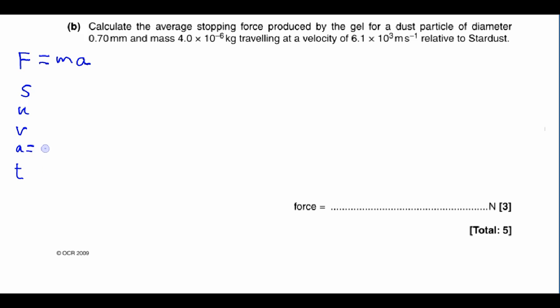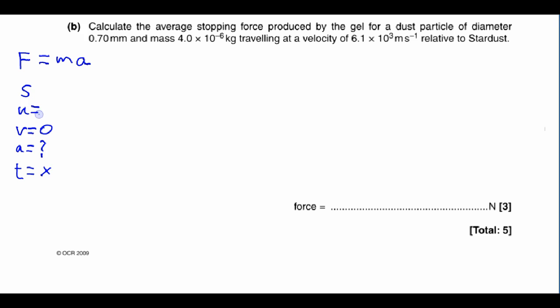Firstly, a is what we are interested in. Then the time: we are not told anything about the time that the dust particle takes to stop, so let's put that as an unknown and see what others we know. The final velocity is going to be 0 because we are told the dust particle comes to a rest in the gel.